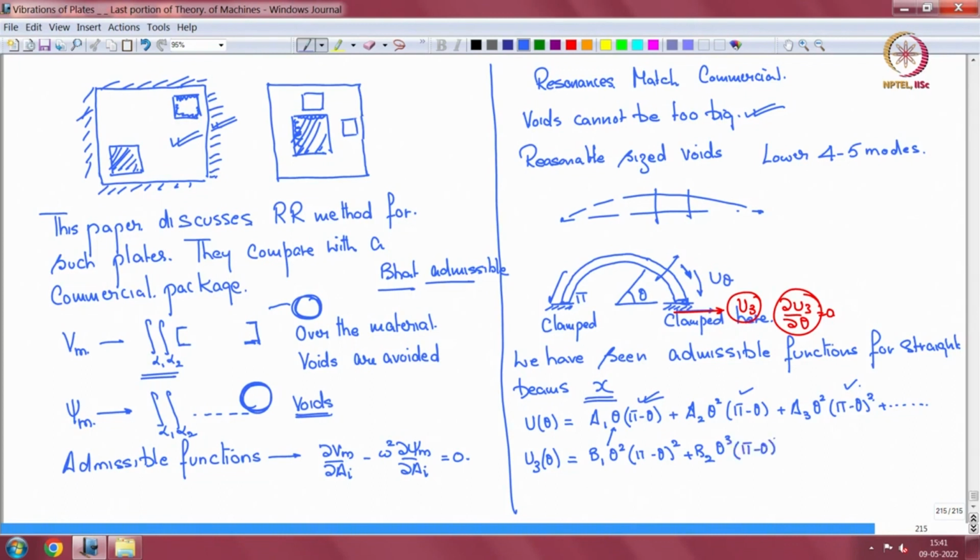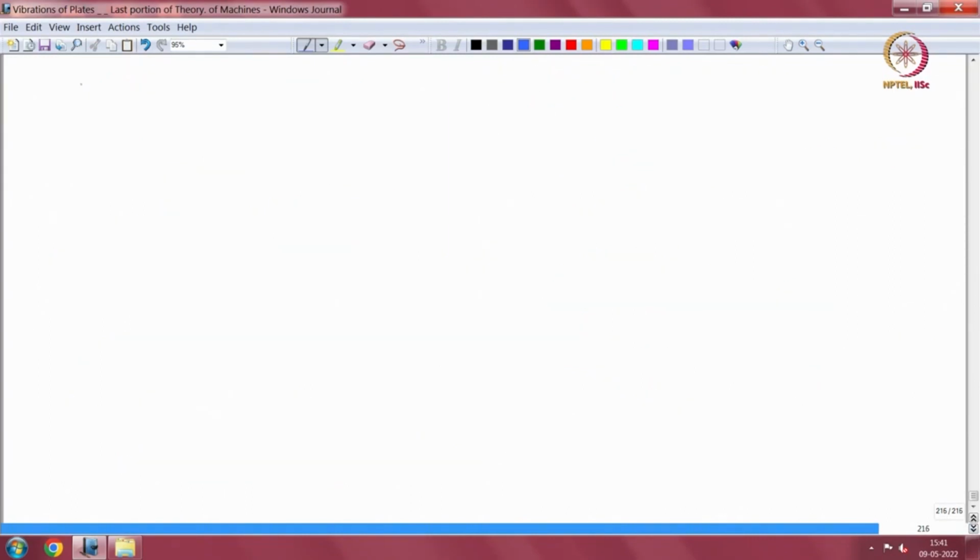Now you start completing the polynomial, plus B3 theta cube pi minus theta cube, etc. Then as usual you formulate your Vm and psi m for the particular coordinates or geometry, and you start your del Vm by del Ai minus omega square del psi m by del Ai equal to 0 set of equations, and you formulate your generalized eigenvalue problem.